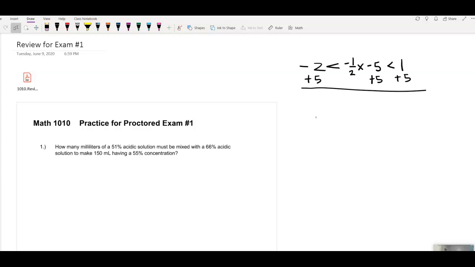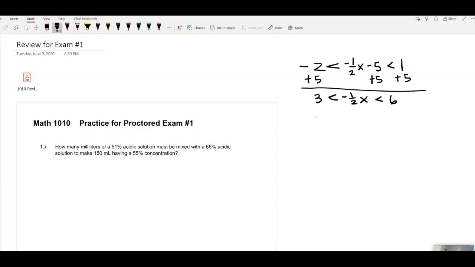And if you guys can mute yourself except when we're talking, that will help with the background noise. All right, so then we get 3 is less than -1/2 x, which is less than 6.